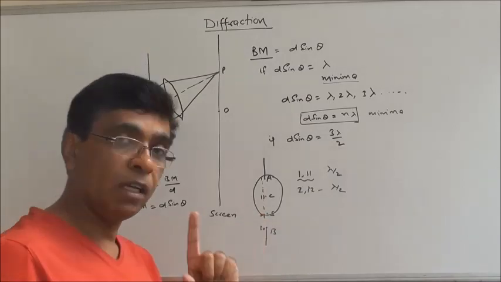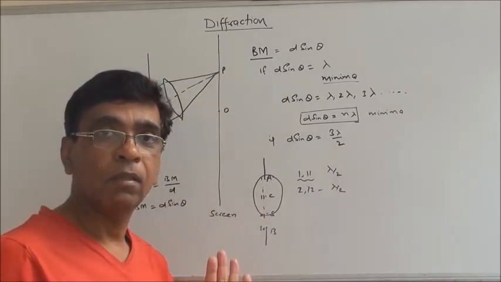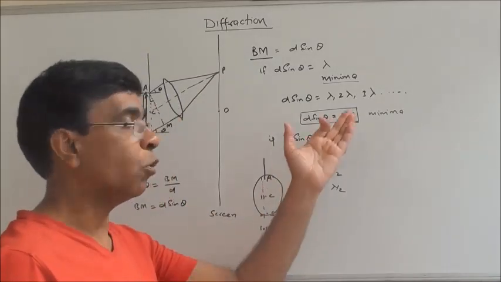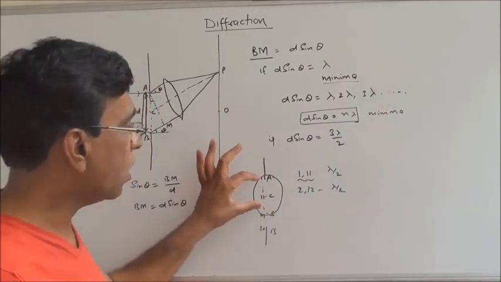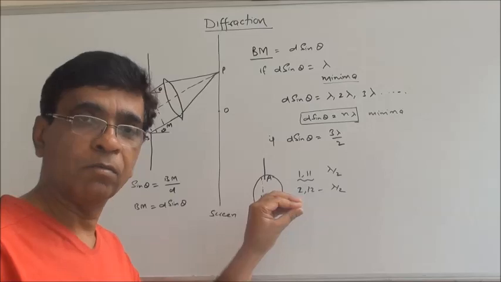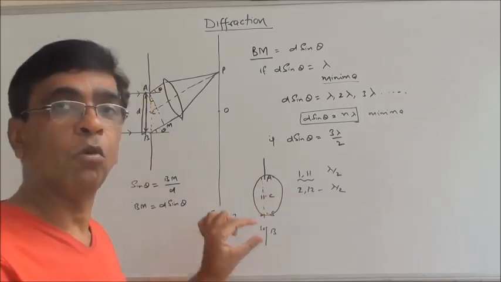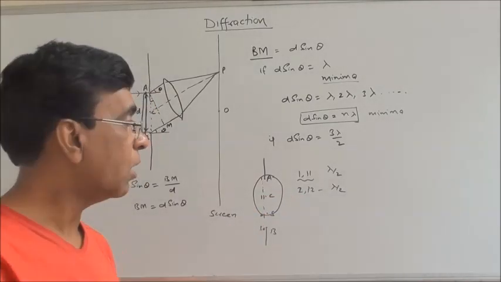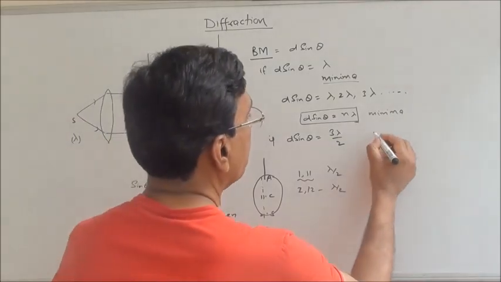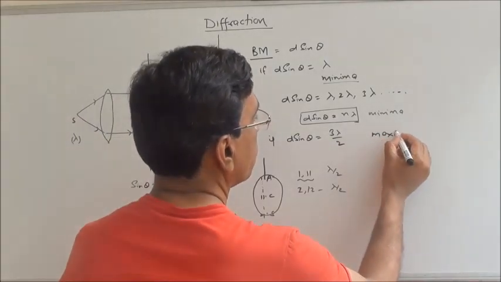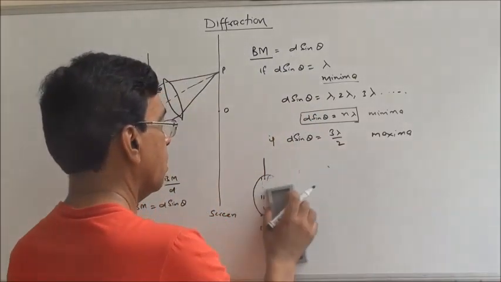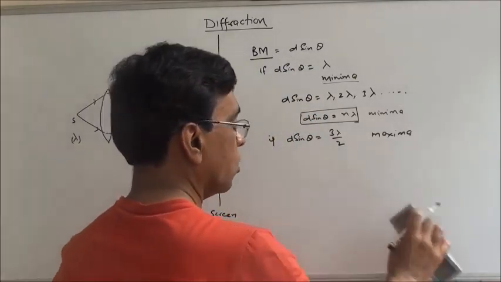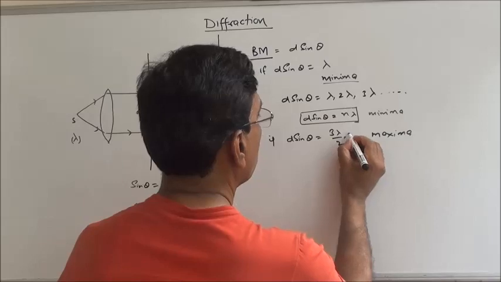But still we are left with 1/3 part. So this 1/3 will produce some intensity at P. Obviously, if 2/3 part is blocked now, we are getting intensity only due to 1/3 part. So there will be a maxima. And same way, it will be a maxima for 5 lambda by 2, for 7 lambda by 2, and so on.